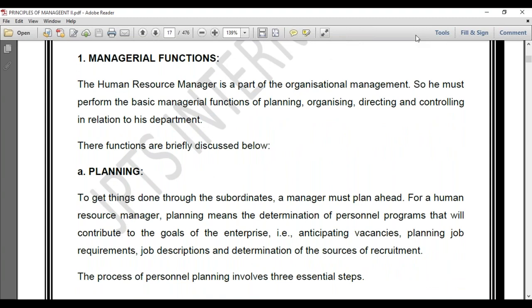Planning, like we discussed last week: at the formation of every organization, you can't just establish a business without planning the organization, without planning the number of people that will be required in the course of establishing such an organization. You also have to put into consideration the location, the office setting, the space, market share.